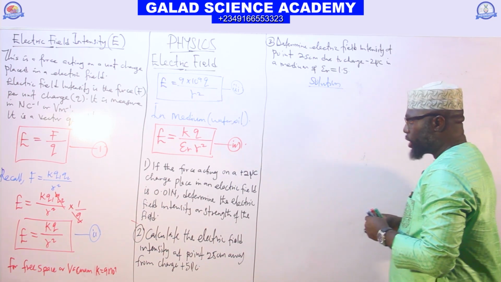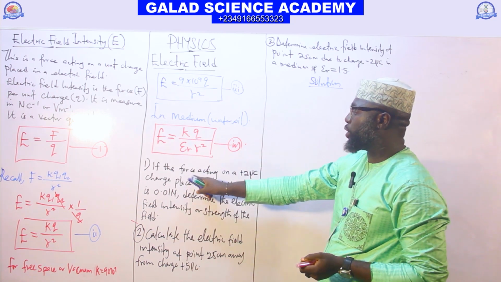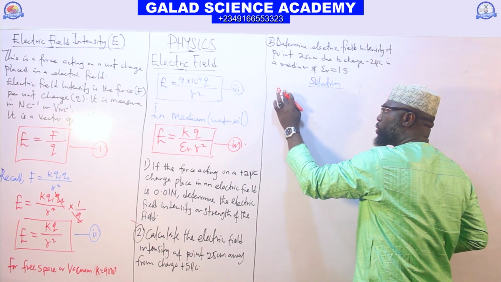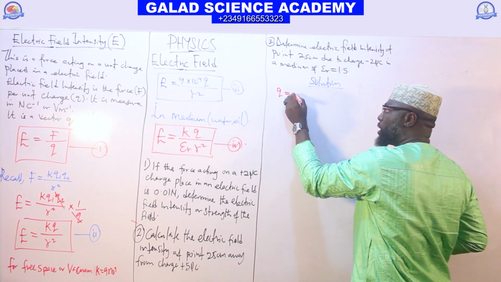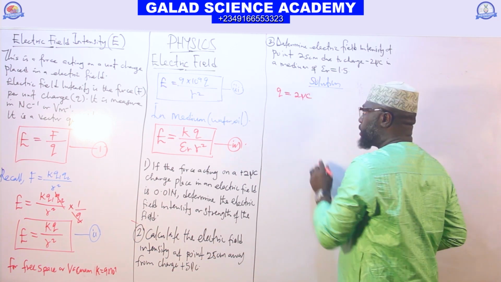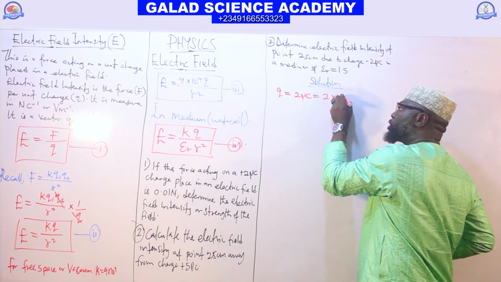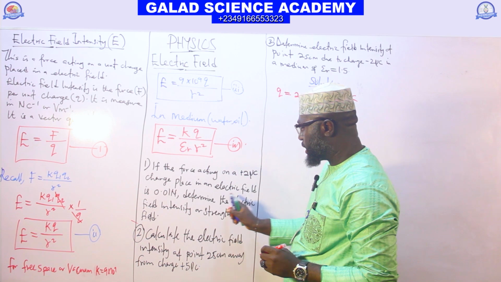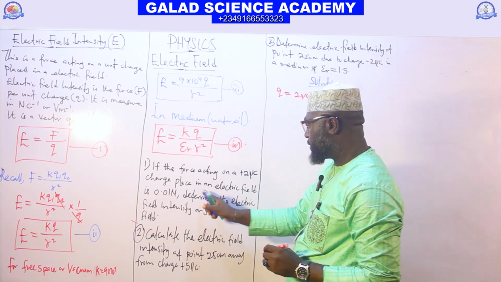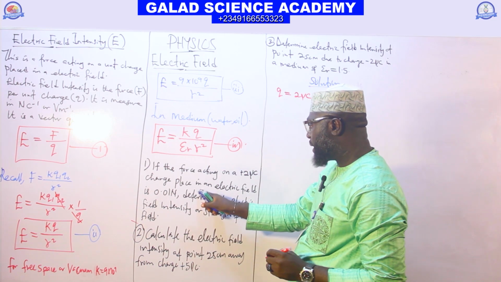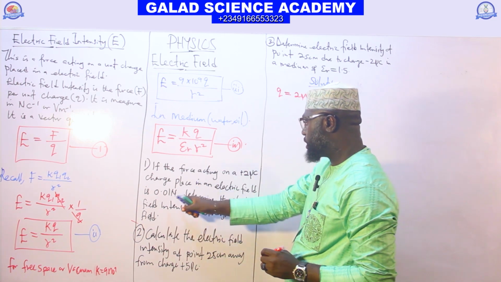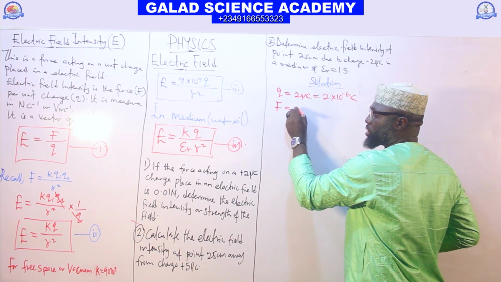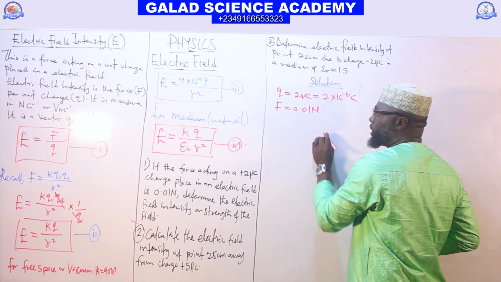The first question: we are given that the force acting on a charge Q of 2 microcoulomb, which is 2 times 10 raised to power minus 6 coulomb, placed in an electric field is 0.01 Newton.